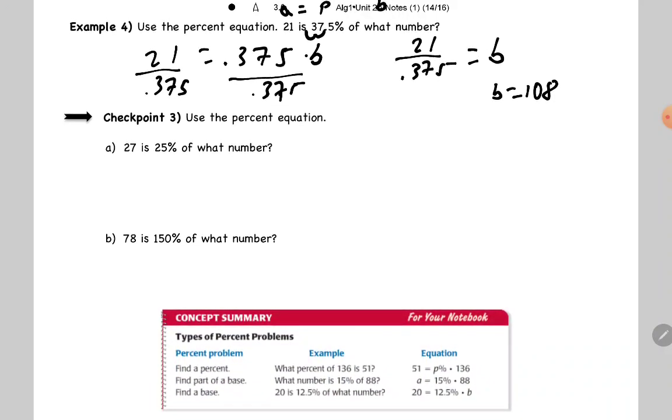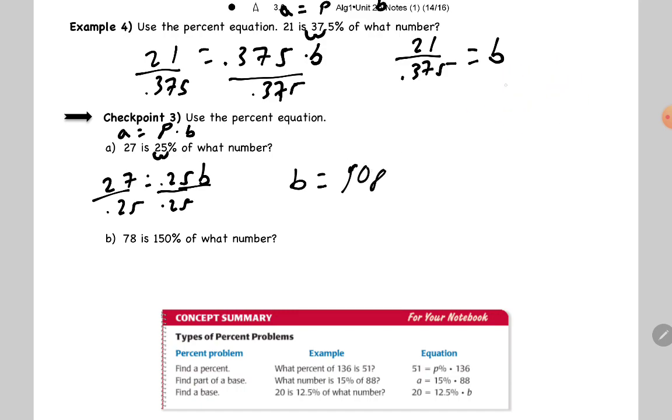Okay. This is A equals P times B again. So 27 equals 0.25. So I'm just moving the decimal place 1, 2. Okay. Times B. So I'm going to divide by 0.25 to both sides. And get B equals, oh sorry, this one was 56.